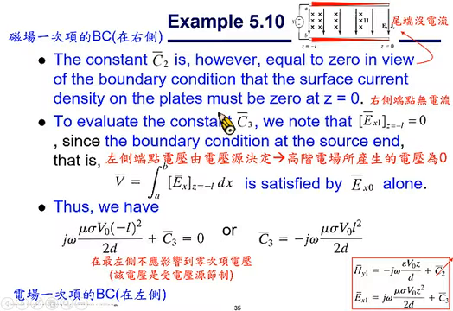So if you substitute the expression for EX1, you end up with this expression, and you can find out C3, which is a little bit complicated. But anyway, it's still derivable. It still can be computed. So you just need to know which way to look into to find out the boundary condition.